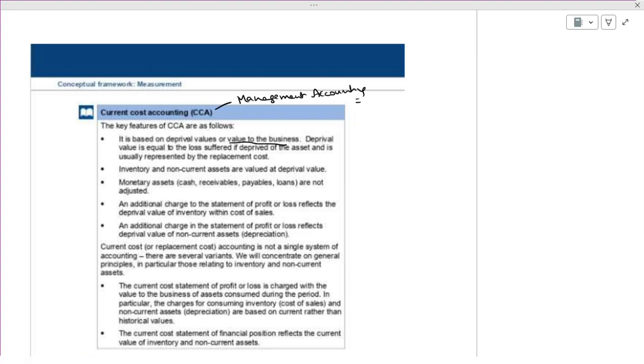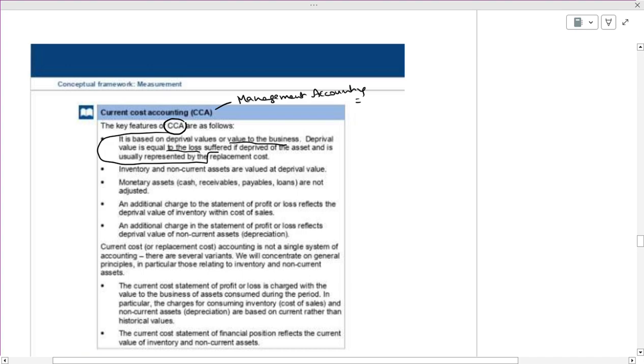It is equal to the loss. Sometimes the asset value will decrease. What is the current cost? The other name for current cost accounting is the replacement cost.